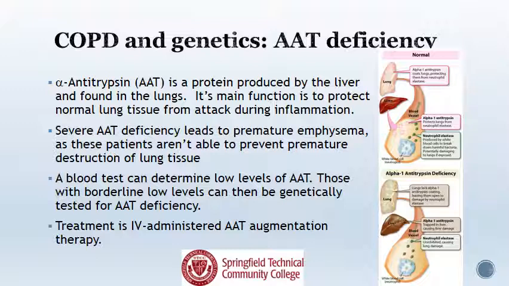So for a young patient, your takeaway from this slide is, remember, if you have a young patient presenting with COPD, especially if they don't have a smoking or a vaping or a cannabis history, they're not exposed to any industrial lung contaminant, it's recommended that they be tested for alpha-1 antitrypsin deficiency.